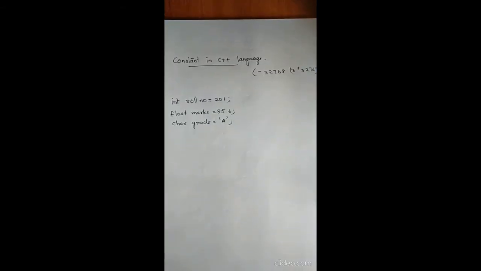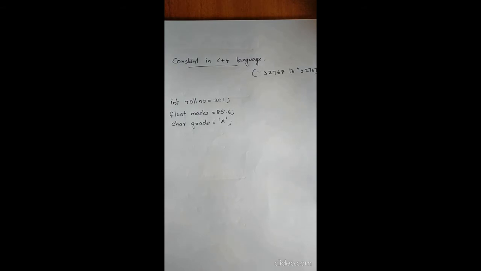Next, let's see the constants in C++ language. An element of a program whose value cannot be changed at the time of execution of the program is called a constant. It is also called a literal. It may be int, float, or character data type. And there are certain rules for constructing integer constants.